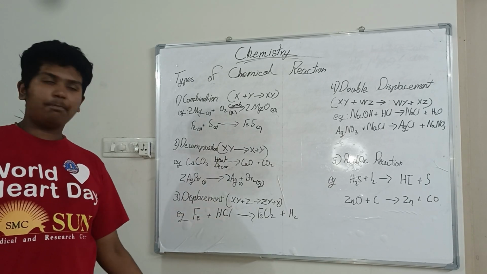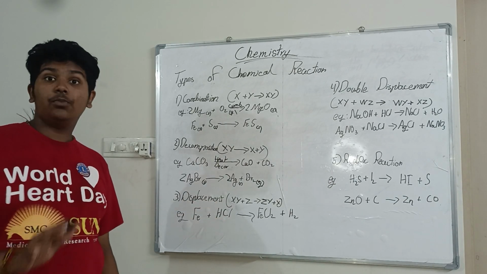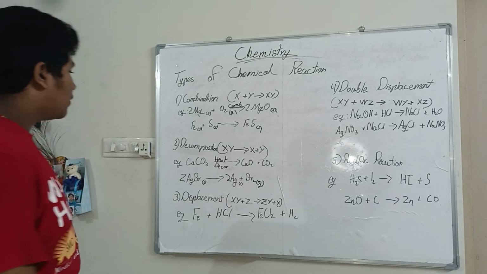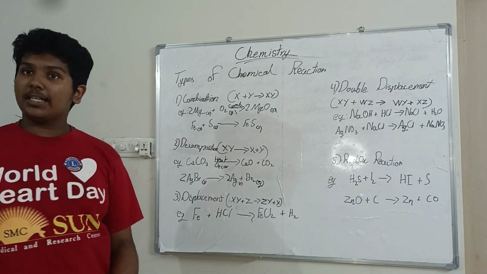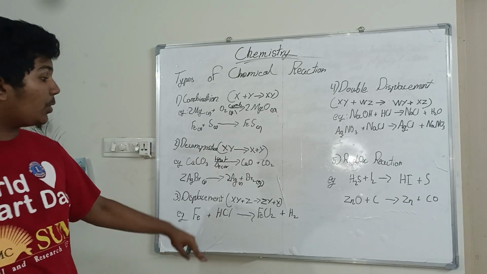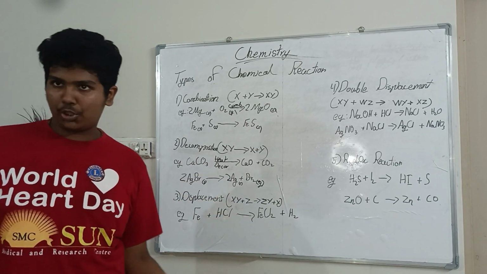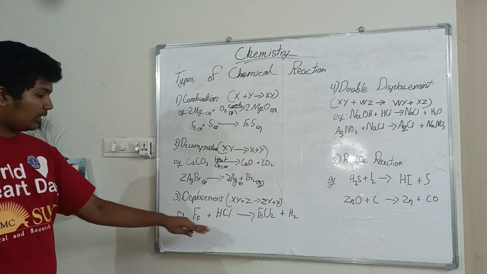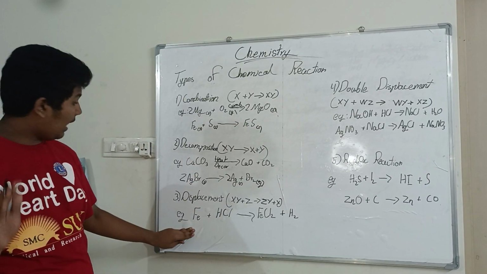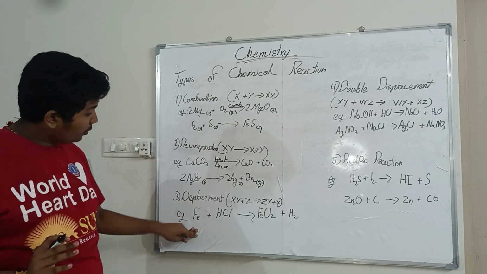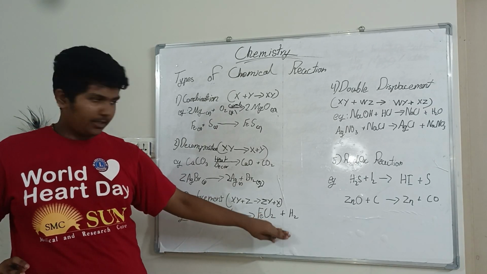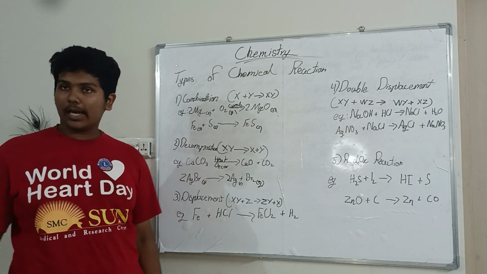Now next is displacement. So XY plus Z gives you ZY plus X. So this is displacing. Here we give an example, Fe plus HCl gives you FeCl2 plus H2. So here H is less reactive, which is displaced by iron to form ferrous chloride, and here H2 forms a gas.